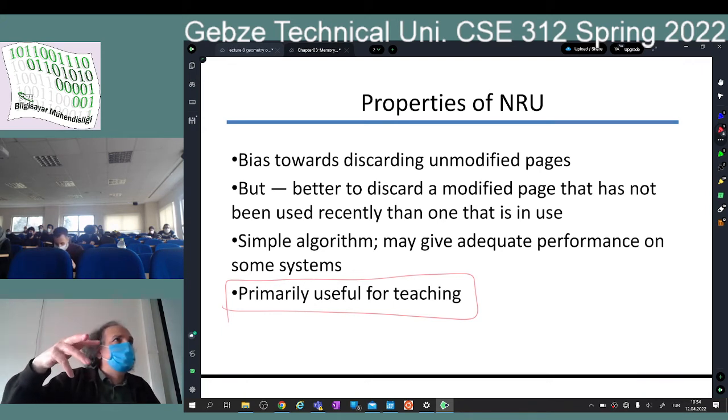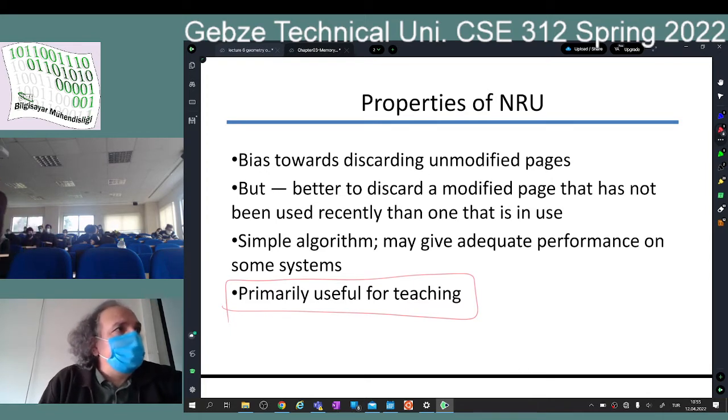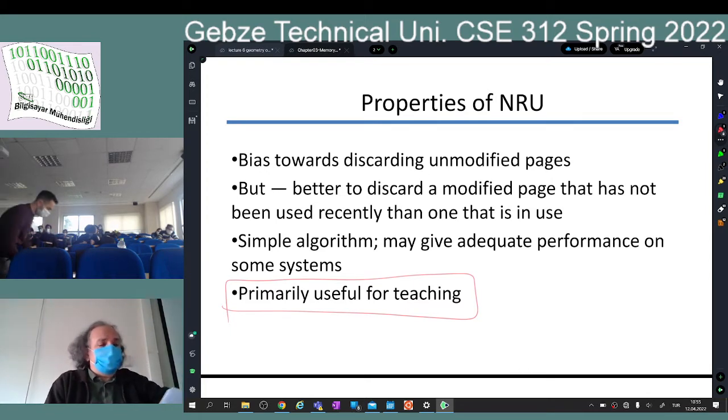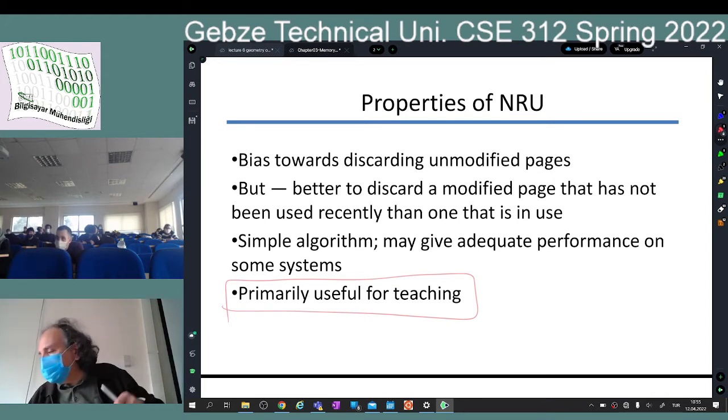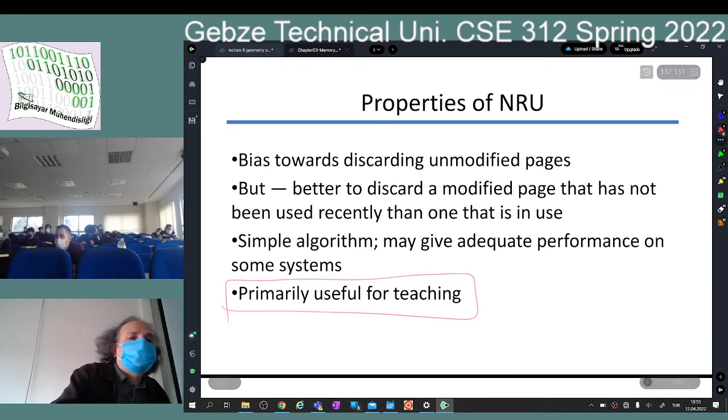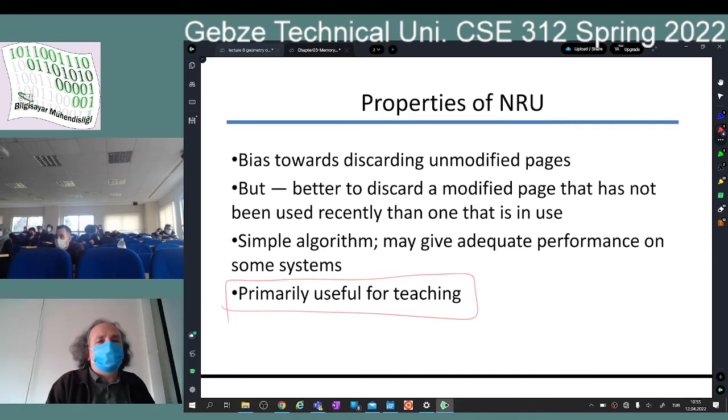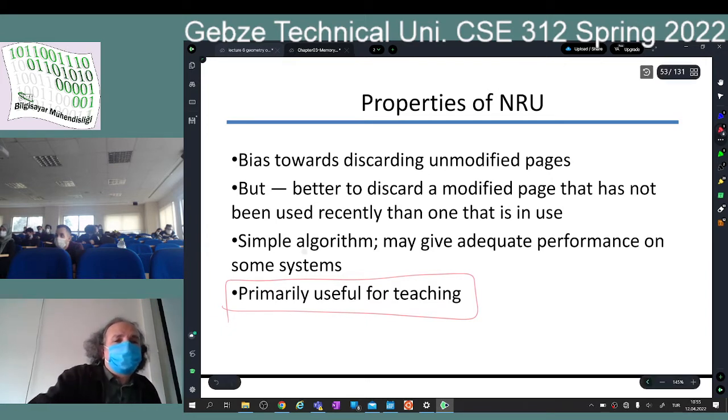Because when you make those R bits always 0, your unmodified pages will end up in class 0, because I keep resetting them all the time. So it biases towards discarding unmodified pages, but of course it is better to discard the unmodified page than loading a modified one back again. It's a simple algorithm.